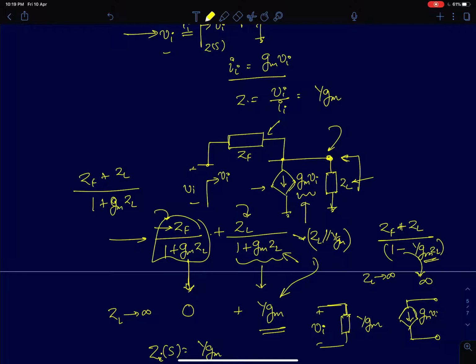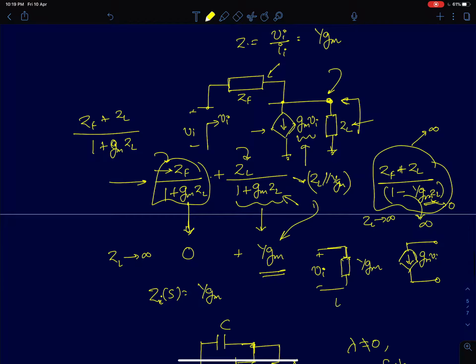Now as I make ZL tend to infinity, this value will tend to infinity as well, because 1 by Gm plus ZL will tend to 0, and you will be left with ZF plus ZL. Since ZL is infinity, the impedance will be infinity. So the model will simply reduce to something like this. I can now see that the whole idea of applying Miller's theorem is to treat these two output and input nodes as two non-interacting nodes.